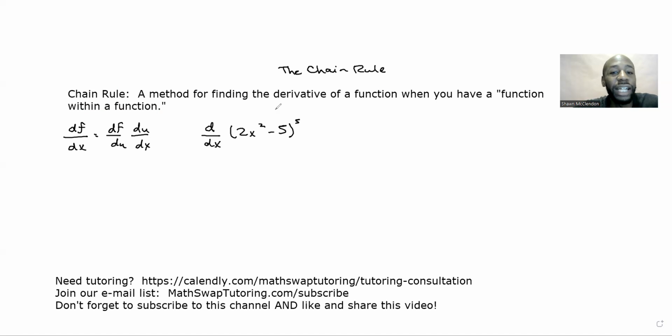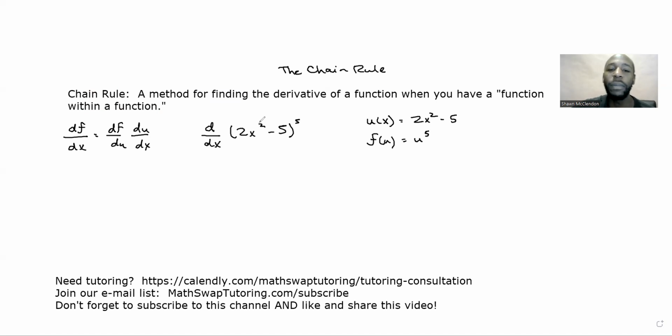So what we're going to do is, we have a function inside of here, but then there's also the outside function. So you can see it better, we're going to define 2 functions. We're going to call the inside function u of x, and that's going to be equal to 2x squared minus 5. Now there is an outside function, which we're going to call f of u. That is going to be u to the 5th.